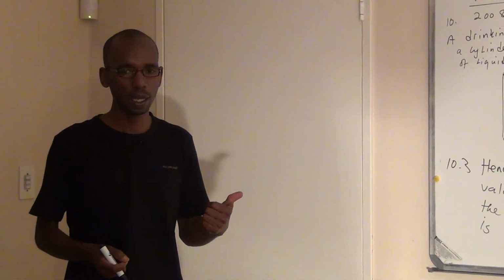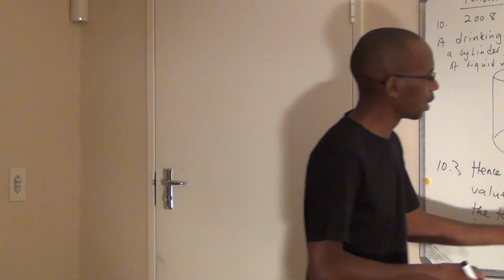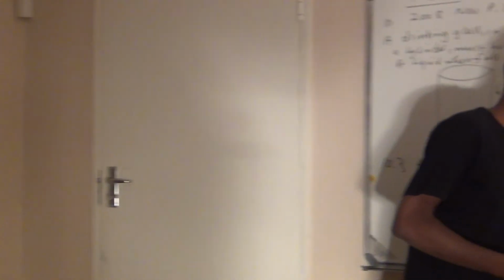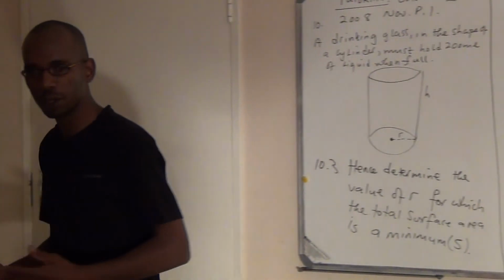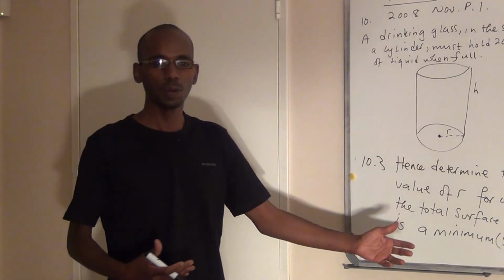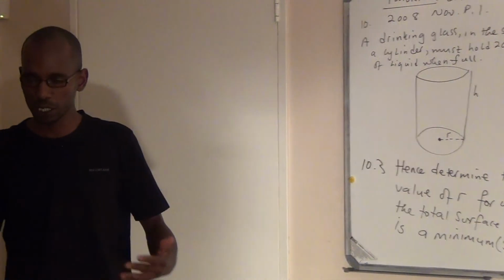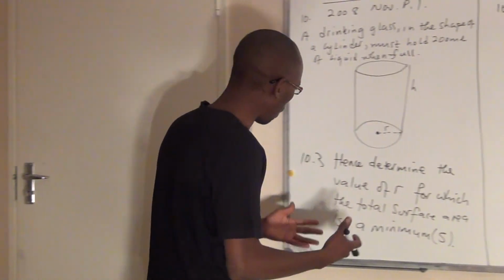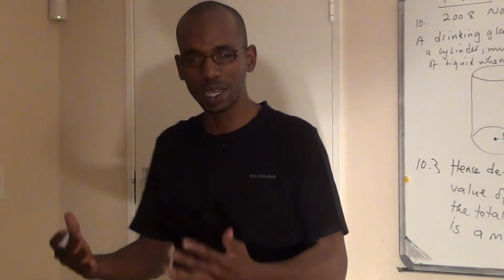That's an important thing. And all we have to do here is we are given the surface area expressed as a function of r. So if we find the derivative of S with respect to r and equate that to 0, we've just found the value of r which is going to give us the minimum surface area of the glass.